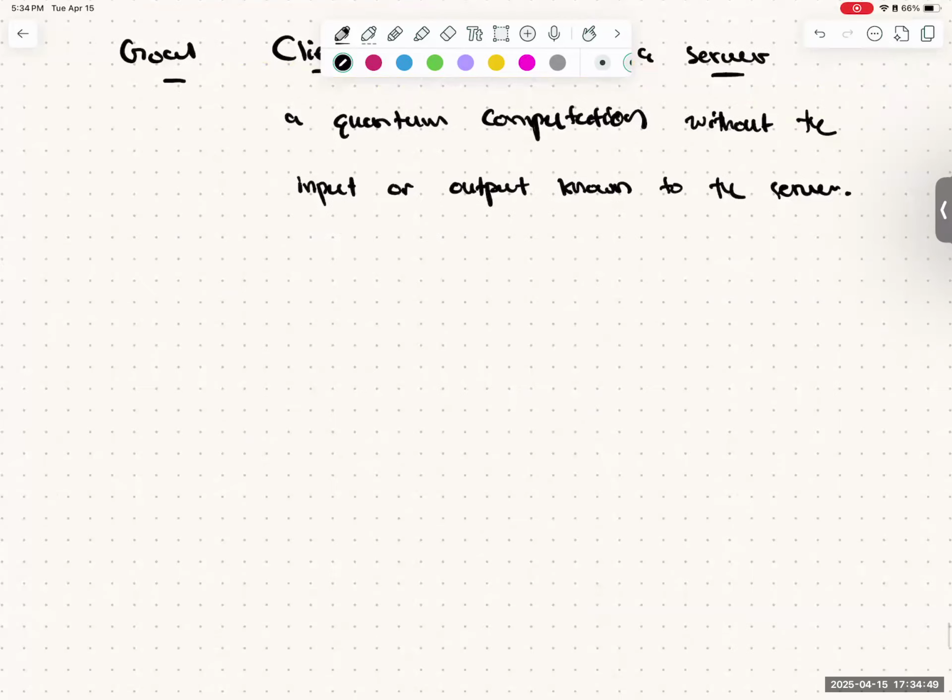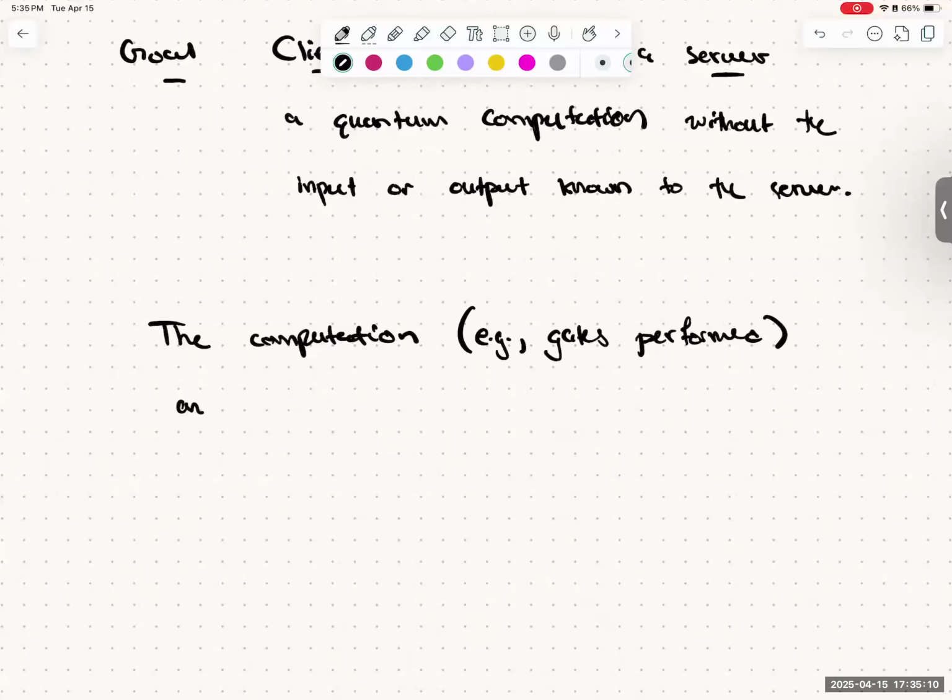So maybe something to say here, the computation, for example the gate set, the gates performed, are entirely public. So the server knows them.